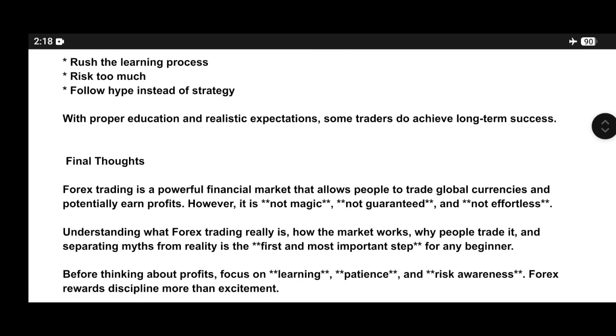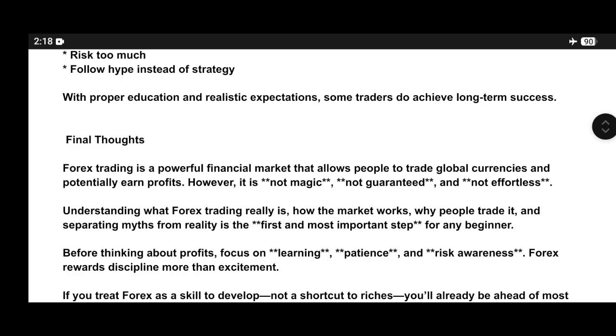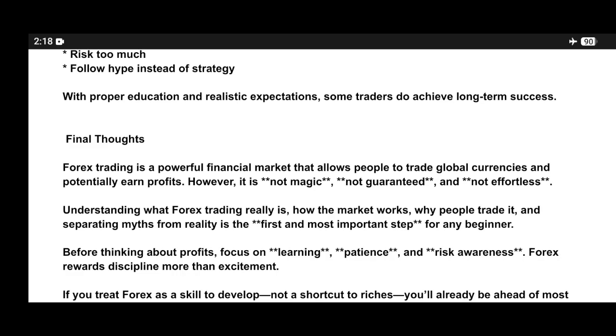Then my final thought on this section is this. Forex trading is a powerful financial market that allows people to trade global currencies and potentially earn profit. However, it is not magic, not guaranteed, and not effortless. Understanding what forex trading really is, how the market works, why people trade it, and separating myth from reality is the first and most important step for any beginner watching this video.